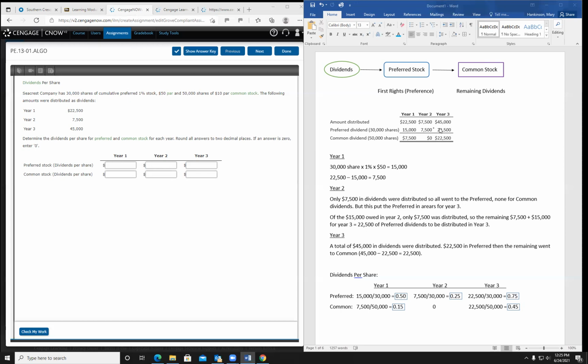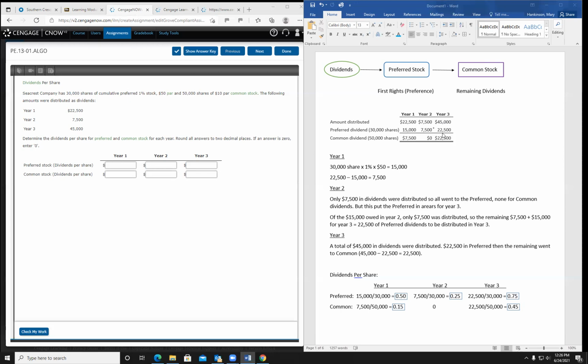So in year three, we now owe the 7,500 from last year that we didn't pay out, plus the 15,000 for this year. And if we look here on our problem, we distributed 45,000. So of the 45,000 that we distributed, 22,500 went to preferred because that's the 7,500 plus the 15,000. And then if you do the math, that means there was another 22,500 remaining that we were able to pay out in common dividends.